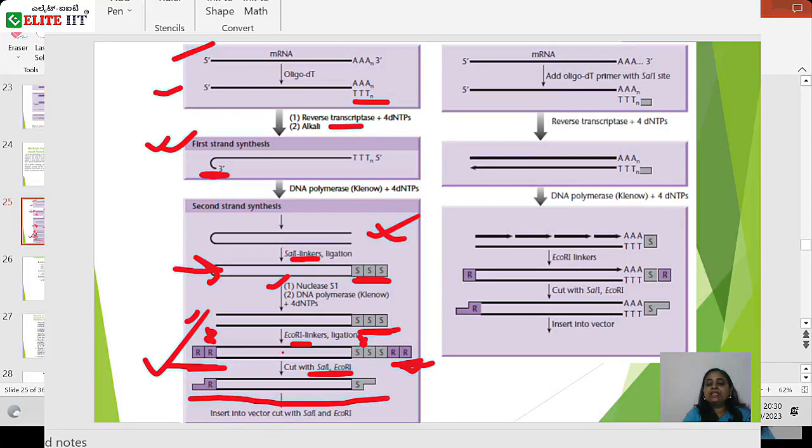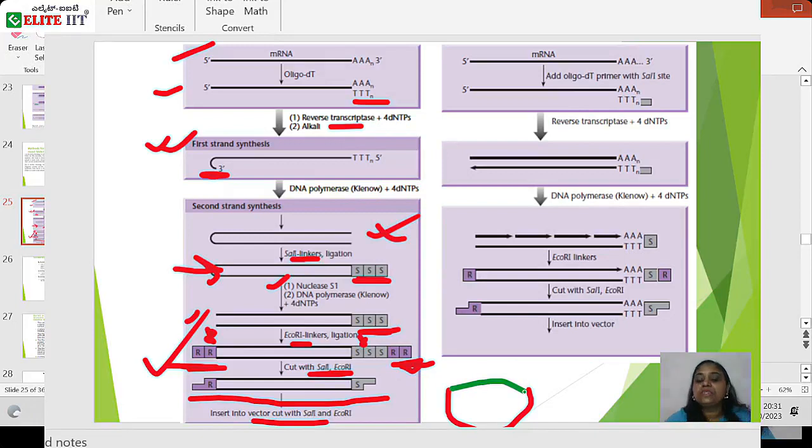Now you can insert it into the vector. The vector also should be digested with the SalI and EcoR1 restriction endonucleases. Then only this part will be annealed together. So that is what is happening.